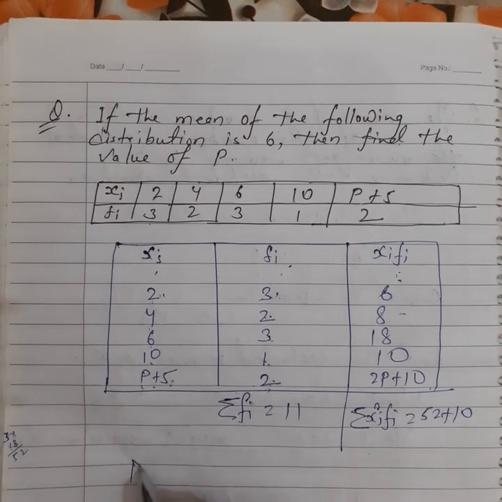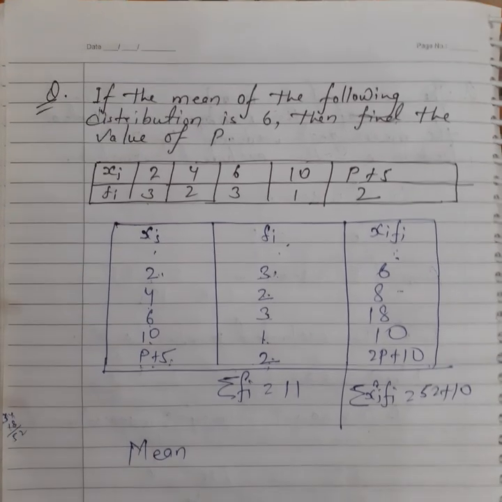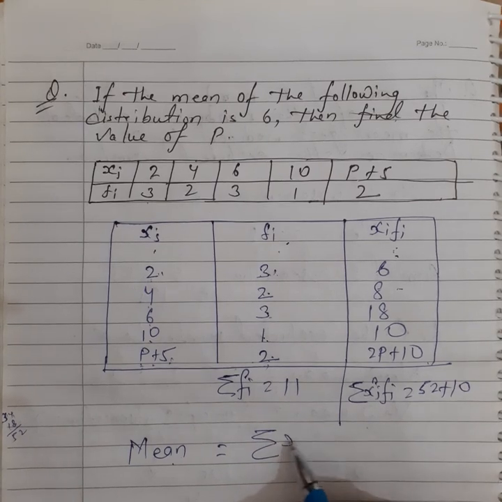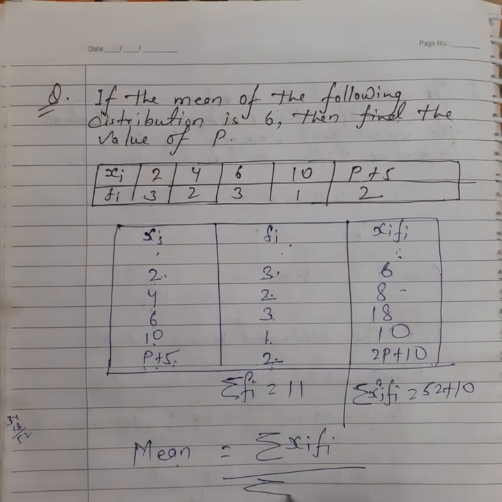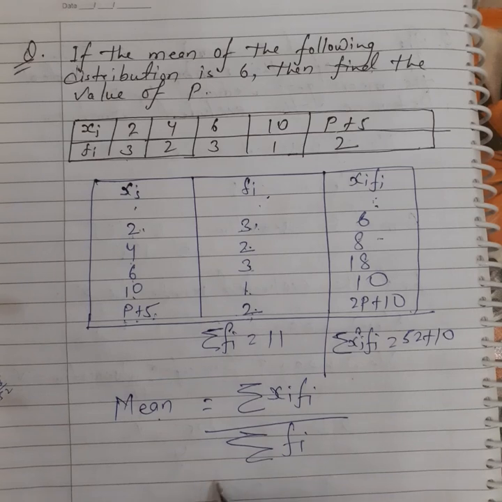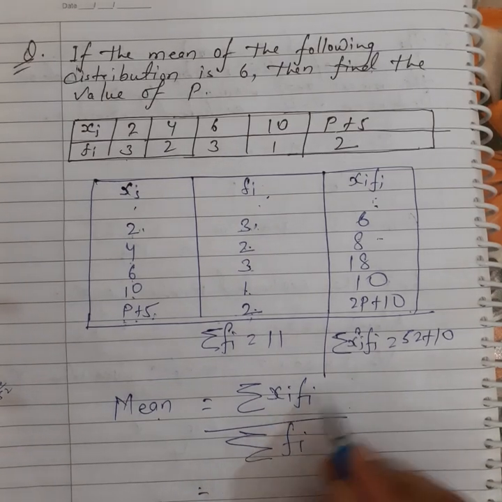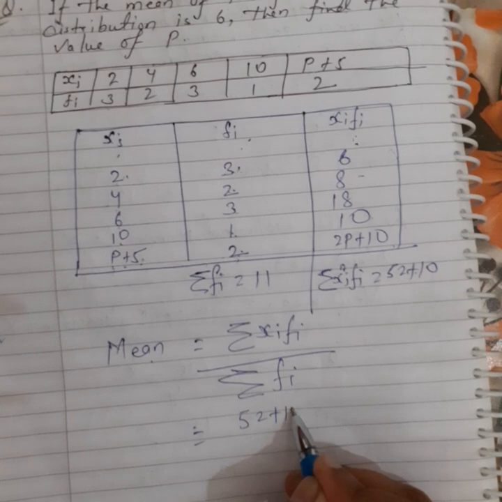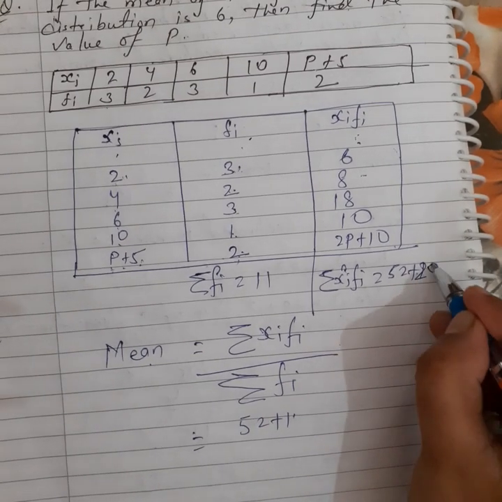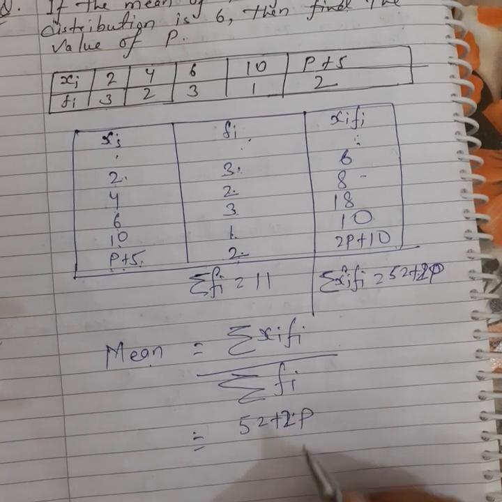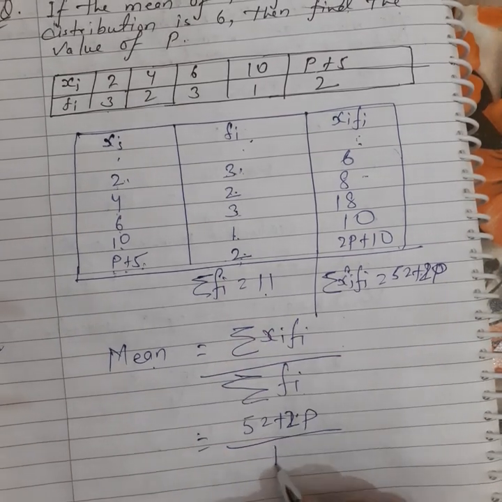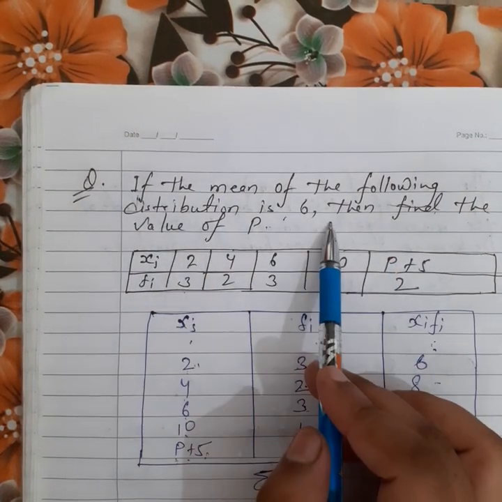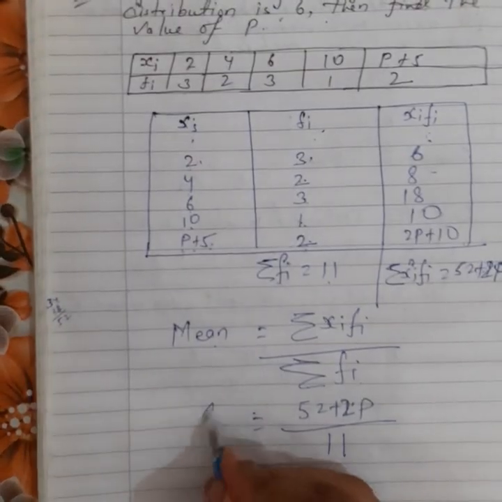Now we know that the formula we use for finding the mean of distributed data is mean is equal to sigma xi fi by sigma fi. Now the value of sigma xi fi is 52 plus 2p, and sigma fi is 11. The mean is given, that is 6.